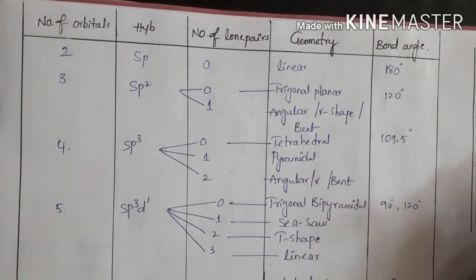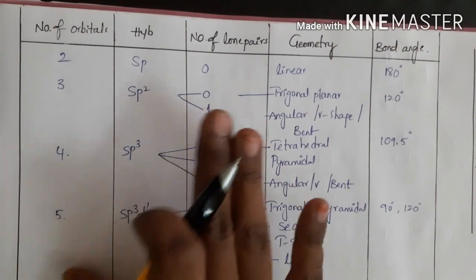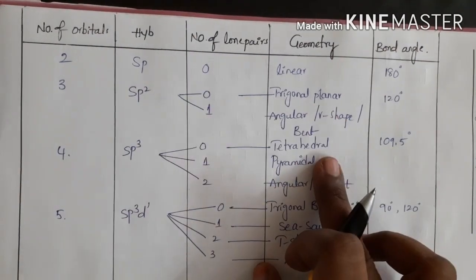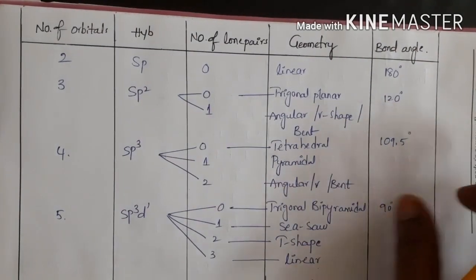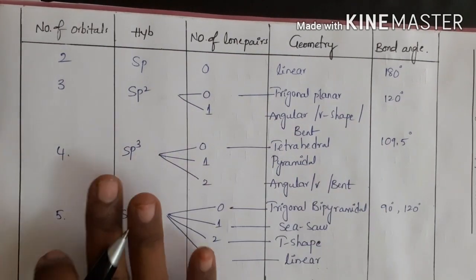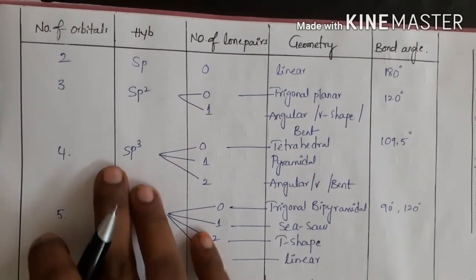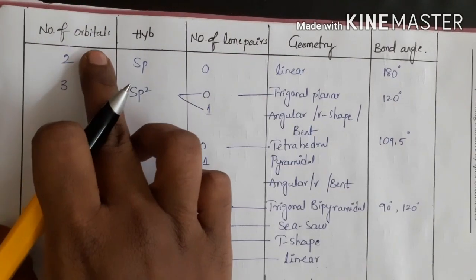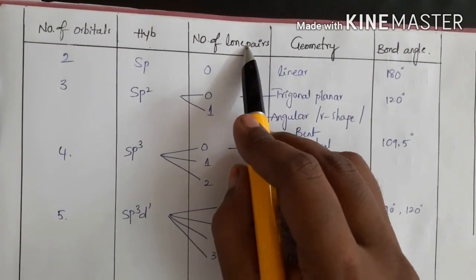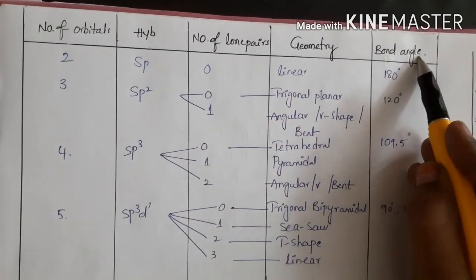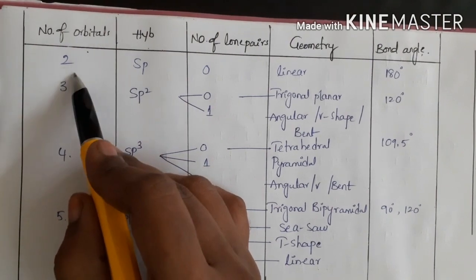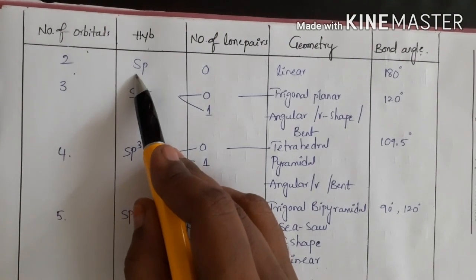Next, to memorize the hybridization, geometry and bond angle, I made it simple by preparing a table. The table includes the number of orbitals, hybridization, number of lone pairs, geometry and bond angle. If the total number of orbitals is 2, it involves sp hybridization.